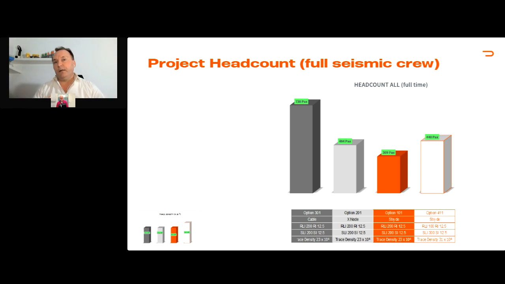And if you go stride for the same design, same density of source and receiver, you go about 100 employees below the generic node. So you have divided by at least 2 the number of employees between the cable crew and the node stride crew. And in this one, you duplicate the density of receiver, you still have 31 million traces per square, way better than your past design.